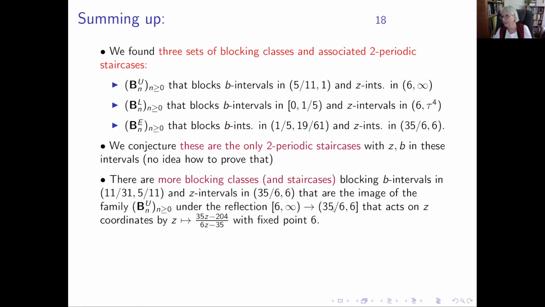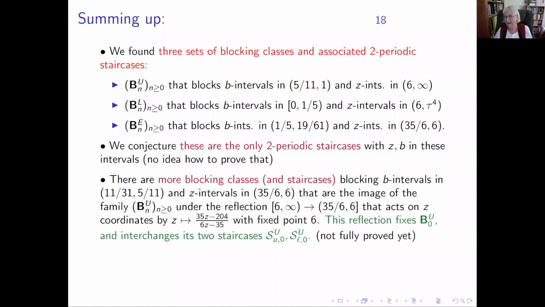That's the claim. And these transformations like this behave really nicely on continued fractions. So you can see that your staircases reflect, the staircase steps reflect the families of steps, which have all the right kind of properties. And this particular reflection here, it fixes 6. And it fixes this blocking class, BU, because that's centered at 6.